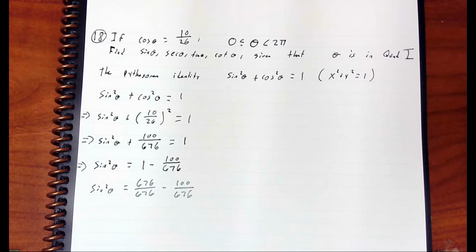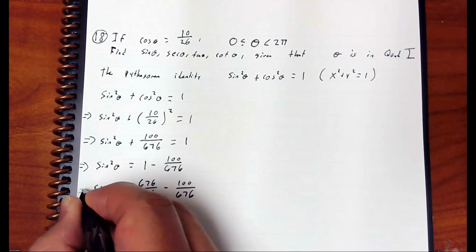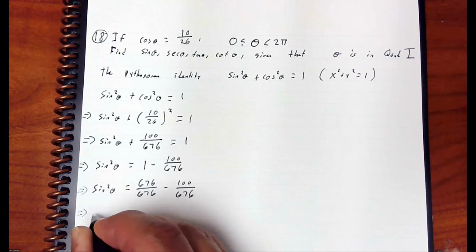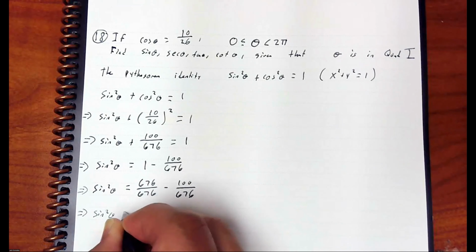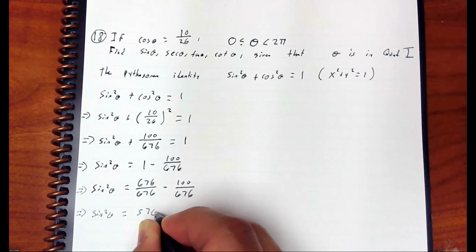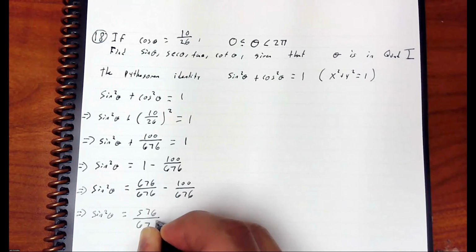If you're rusty at fractions, let me know. Right? This is a form of one. Multiply top and bottom by 676. Now they have the common denominator. 676 minus 100. Yeah. That'll be 576 over 676.